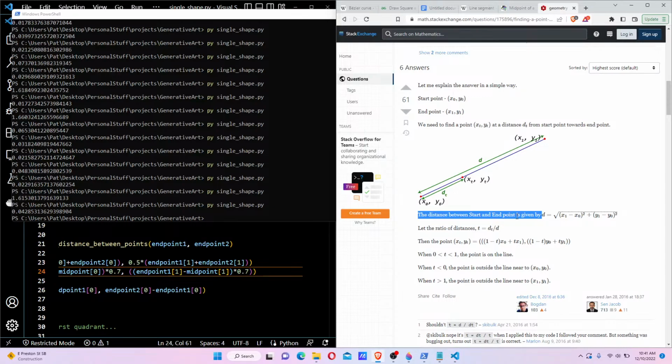Trying to think how this would apply to me. So I already know how to get the distance. Then the point xt, yt is 1 minus t. When t is between 0 and 1, the point is on the line.